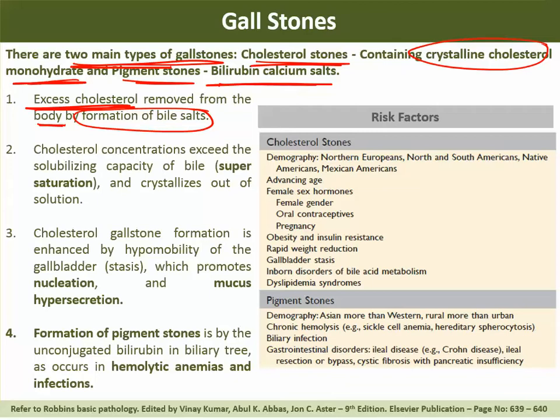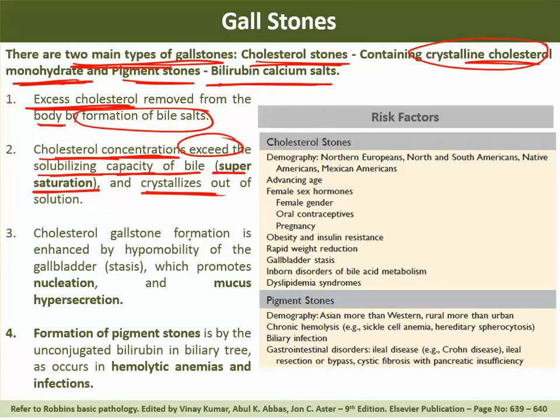If the cholesterol concentration exceeds the solubilizing capacity of the bile, which means the bile is less and cholesterol is more, so it exceeds the dissolving capacity of the bile, then cholesterol stone formation happens. This is called supersaturation, and crystallization happens.